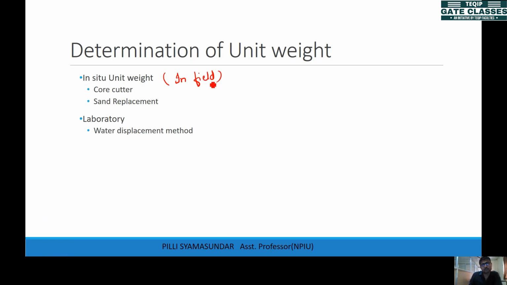So wherever you are going to construct the structure, there itself you find out this unit weight. We have two methods for it, core cutter and sand replacement method. And for the laboratory methods, you have only one, which is the water displacement method. We'll see these methods.